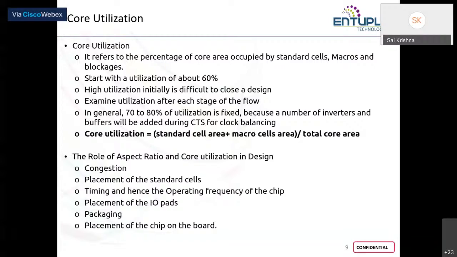On the contrary, if you have more vertical resources, you can accommodate vertical connections side by side. So that means you need more width. That is how you define your aspect ratio, whether it should be less than 1, greater than 1, or equal to 1. Okay.